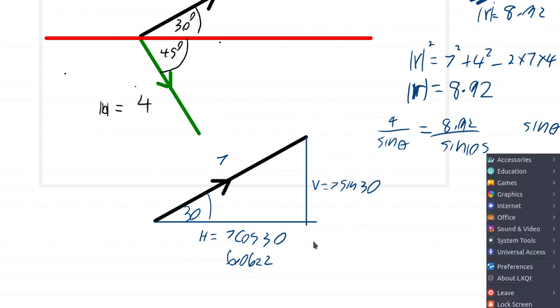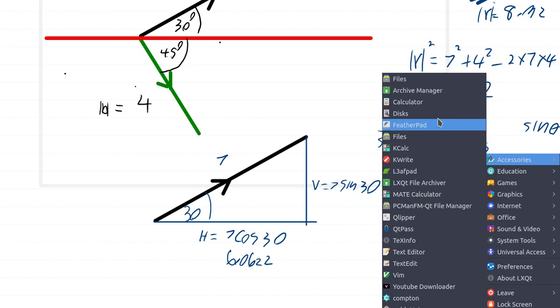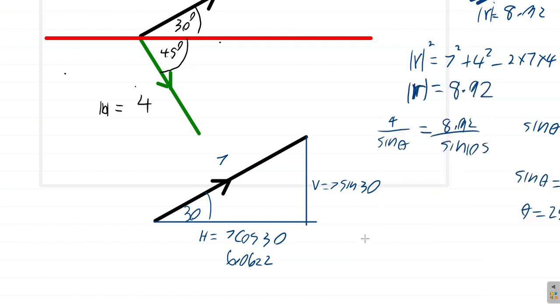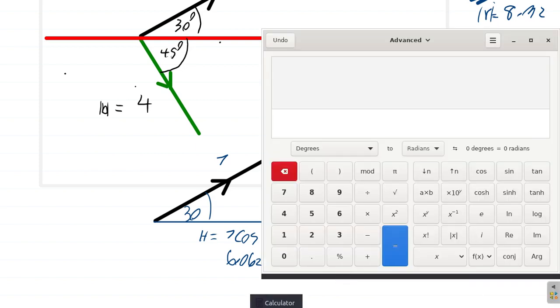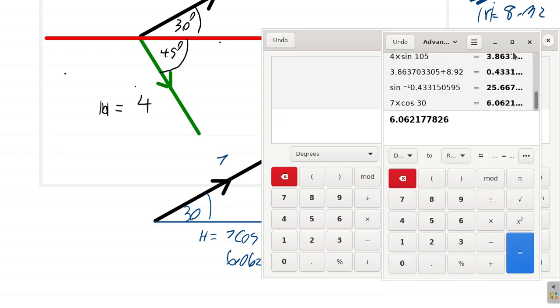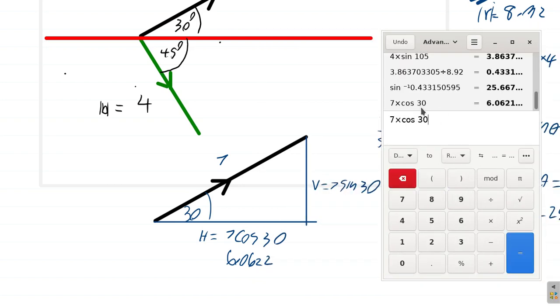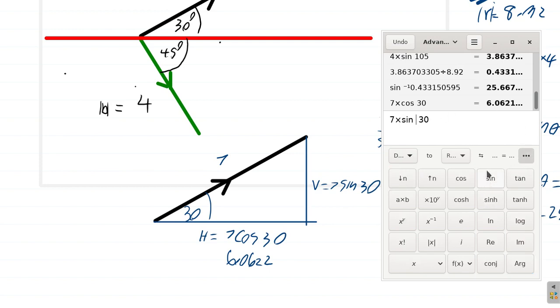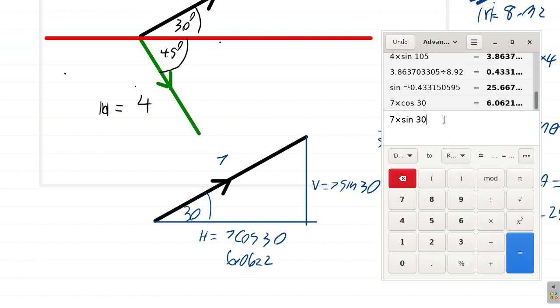The vertical component, same calculation, but in this case you use sine, right? So it's going to be 7 times sine of the angle, 7 sin 30 equals 3.5.